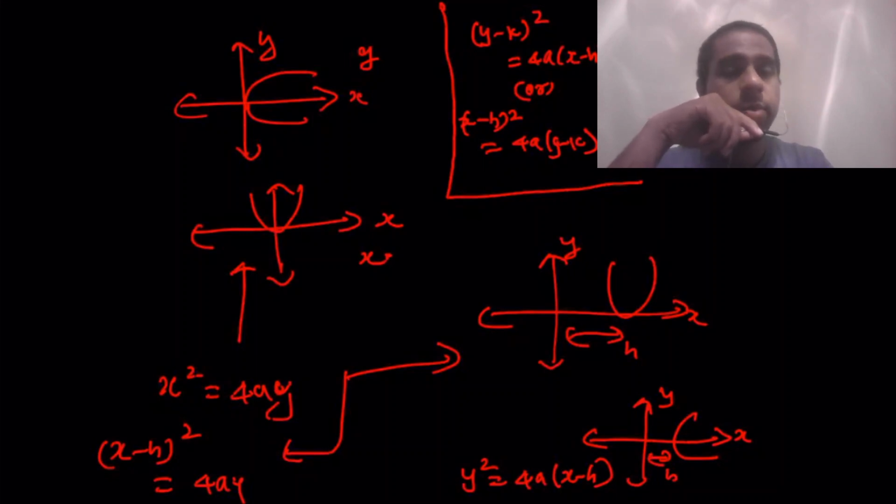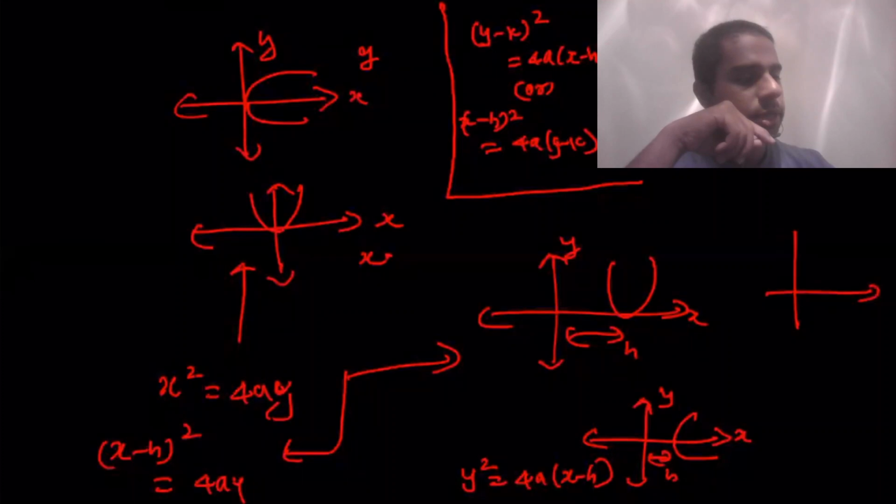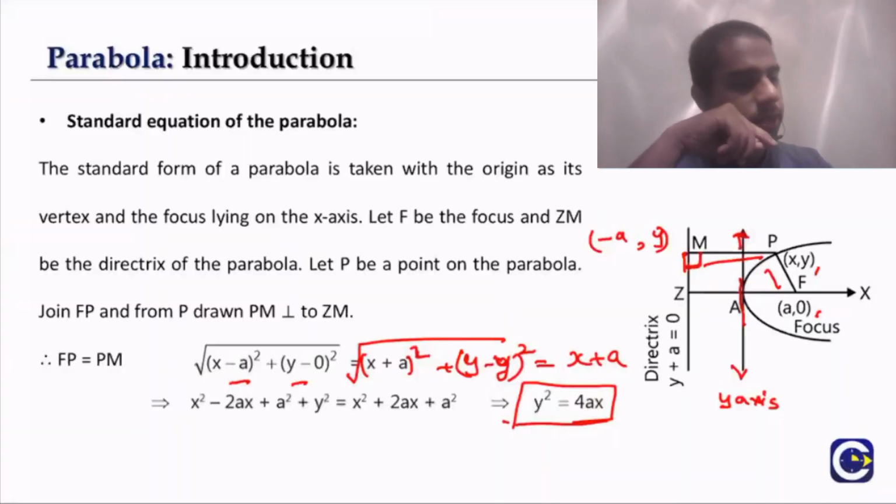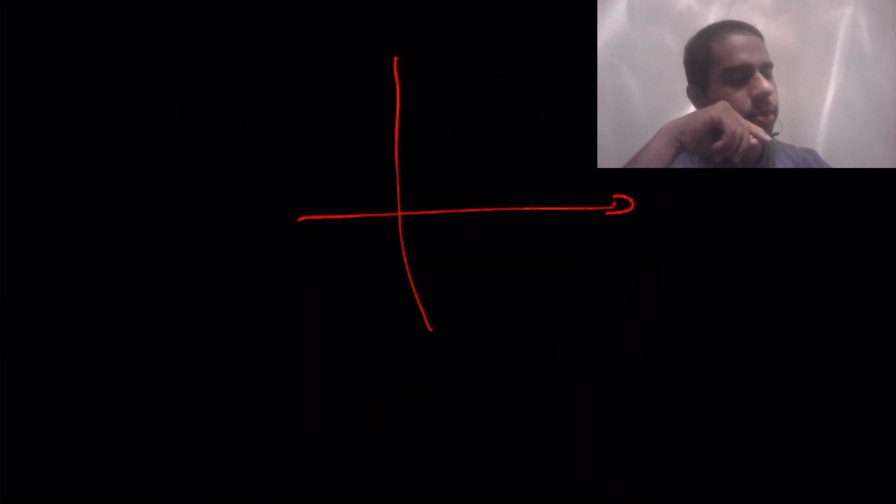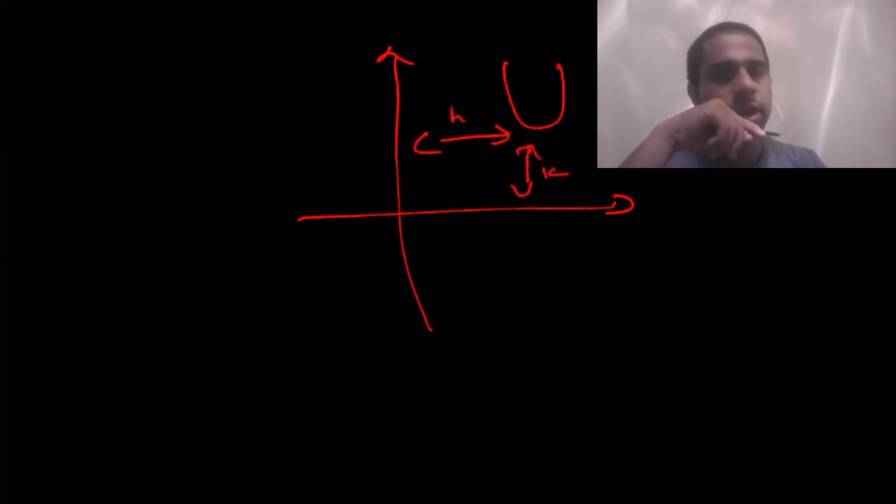Sometimes the parabola will be displaced in both x direction and y direction. For example, the parabola can be like this. It is displaced by some distance h in x direction and k in y direction.